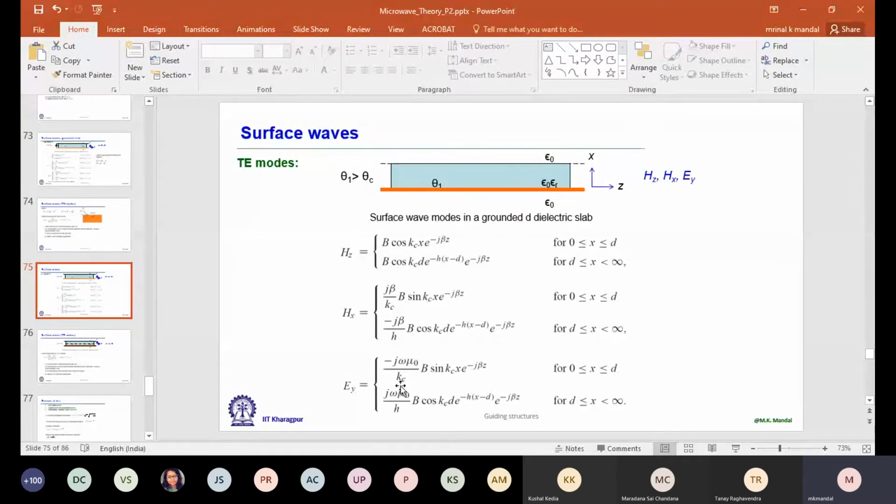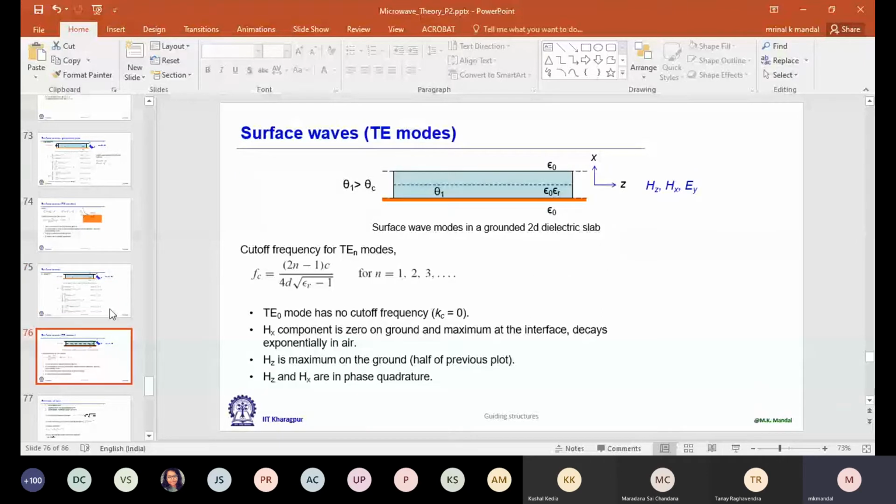So for the EY component on ground, then it is tangential, which should be 0. And if I look at the expression, it is 0. So on the ground plane, it is 0. If you go up, it increases sinusoidally, and in air, it decreases exponentially.